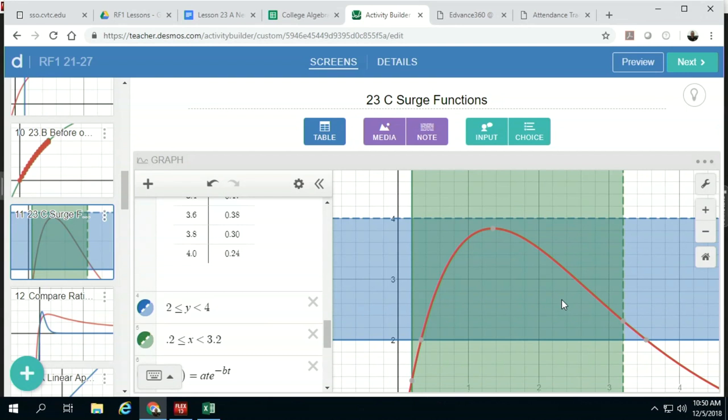The blue, I have set so that it starts at 0.2 hours because we want it to be effective from 0.2 hours. And I have it go all the way over to 3.2 because what has to be true? It has to knock you out for 3 hours. So I have that part.